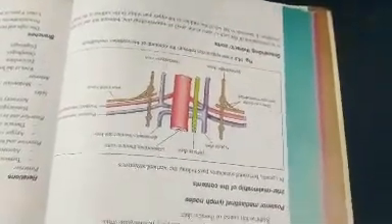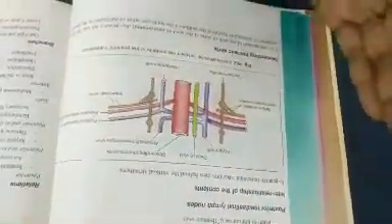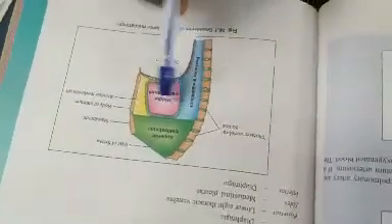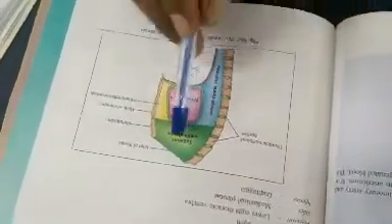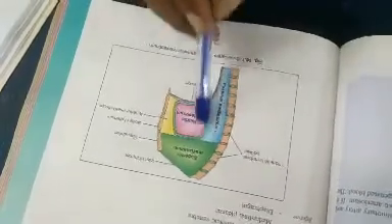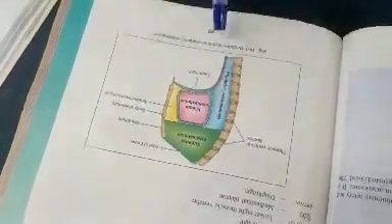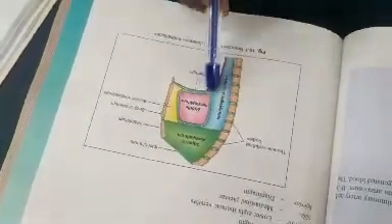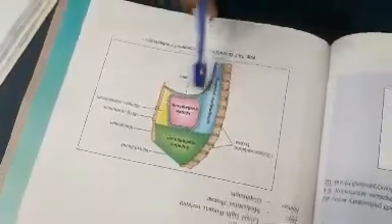Anteriorly, just below the bifurcation of the trachea, lies the posterior surface of the pericardium, and below that it is the posterior surface of the diaphragm.